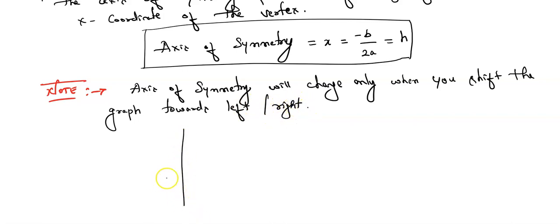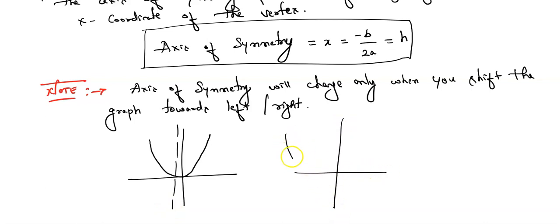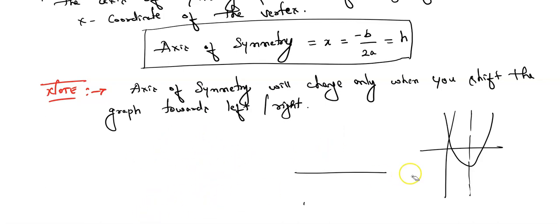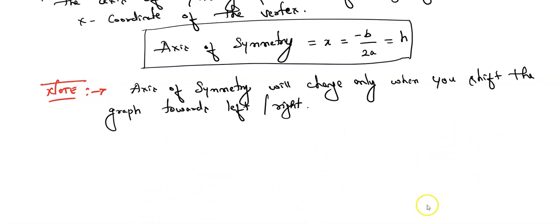So this is my plane. If your graph is like this, then this is the axis of symmetry. If your graph is in this direction, this is the axis of symmetry. As you can see here, if you are moving towards left or right, the axis of symmetry will change. Only in this case will the axis of symmetry change.